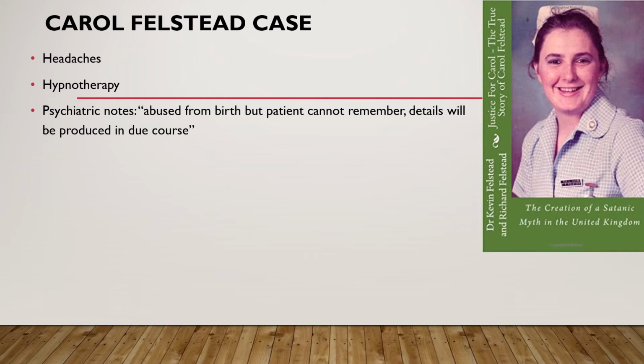Who knows whether she was abused from birth or not? If Carol cannot remember, it must be coming from the psychologist that she was abused from birth, presumably because she had symptoms of headaches, and they think that all symptoms, or many symptoms, come from repressed memories.